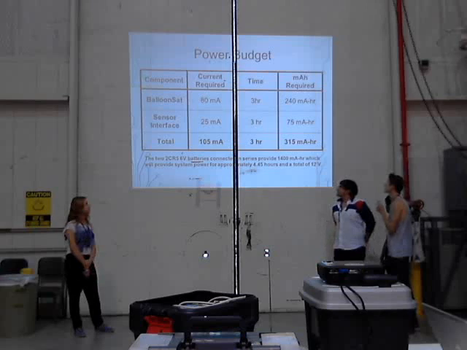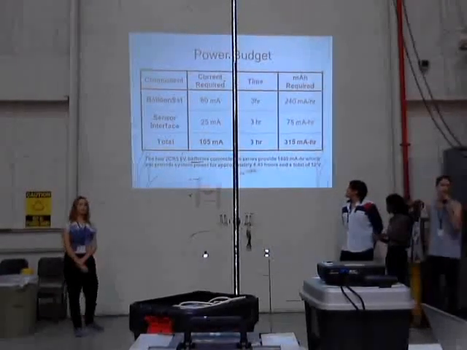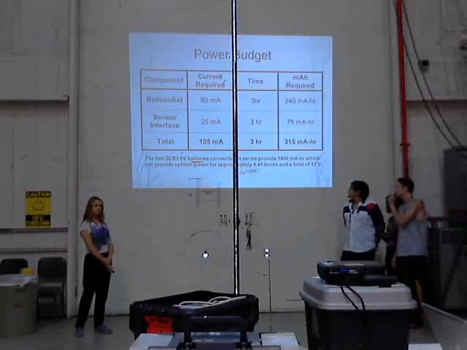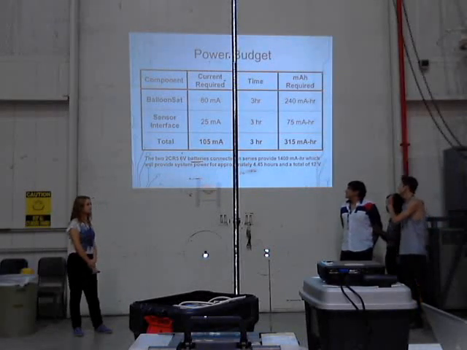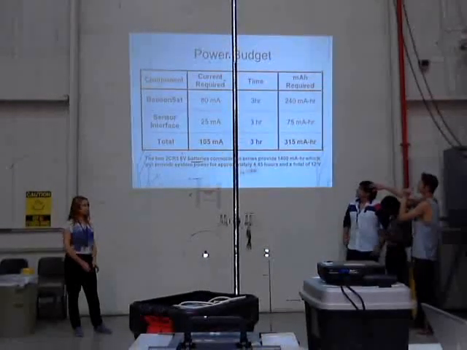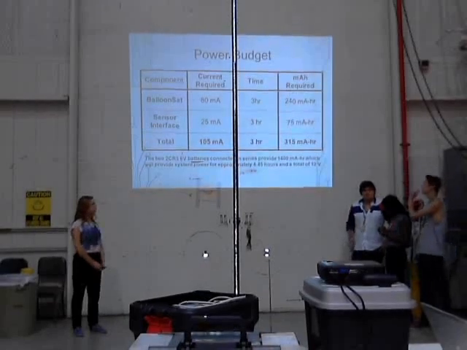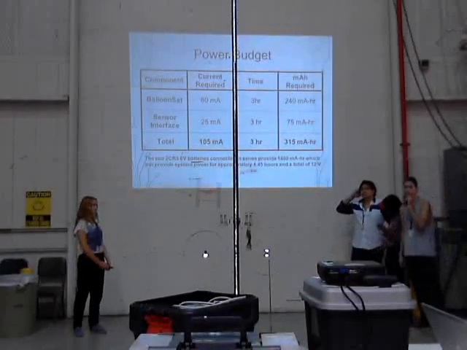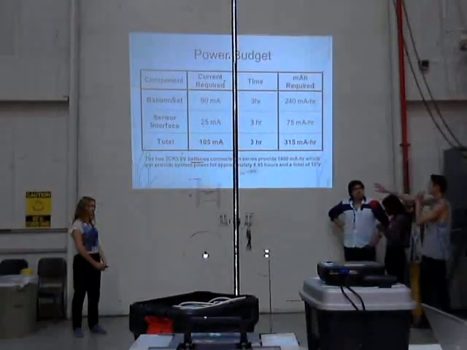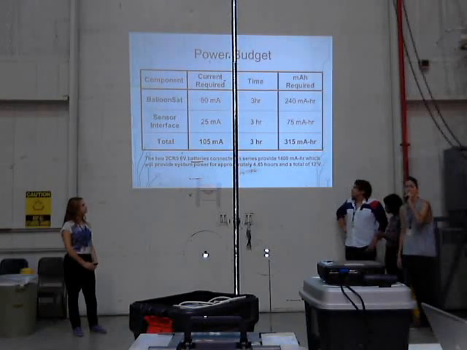Next slide, please. This is our power budget. We have a total of 1,400 milliamp hours. We have 2 batteries that are going to give us a total of 80 milliamps to the BalloonSat circuit board on the bottom and 25.4 milliamps to the interface board over the course of 3 hours during the flight. Total current is going to be 105 milliamps.